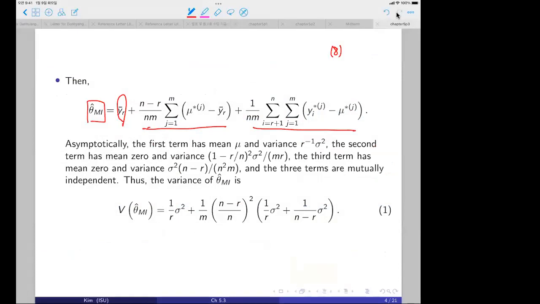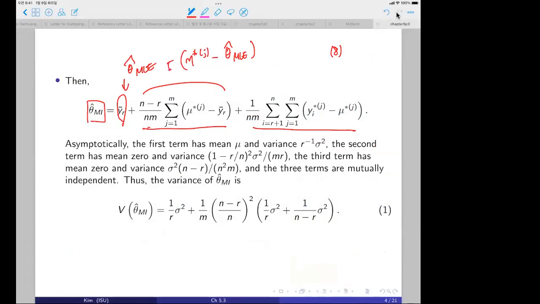This is the MLE part, zeta hat MLE, and then this one is eta star J minus zeta hat MLE, and then we average over.